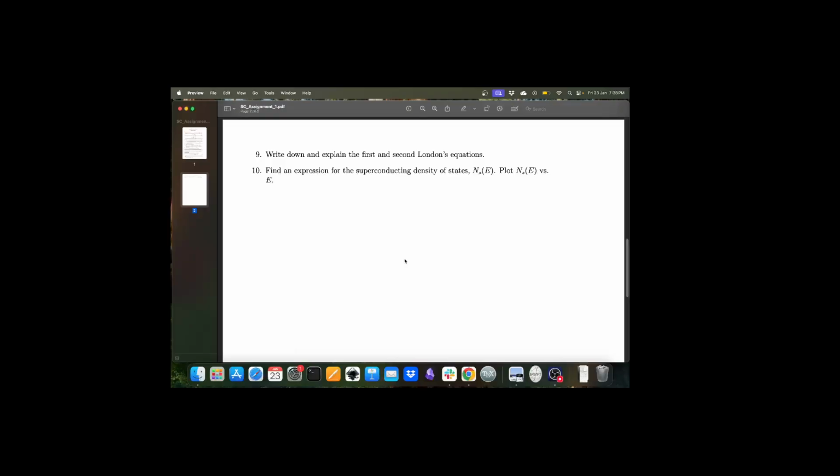The curve looks something like this. There is some threshold, after which it falls off. This is in units of delta, so E by delta, and delta is the superconducting gap.